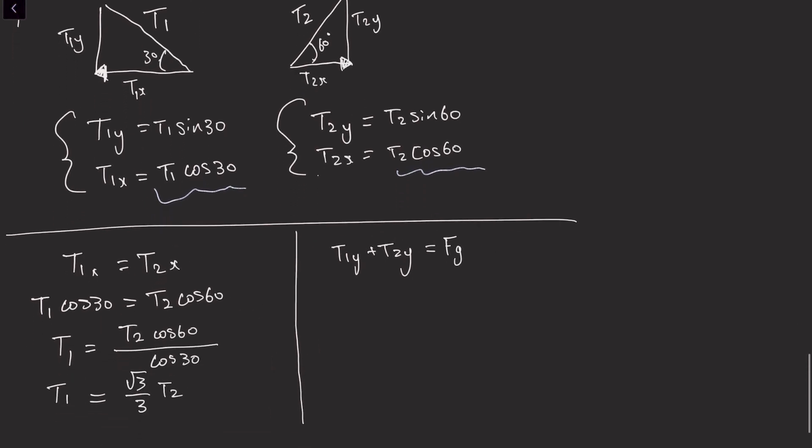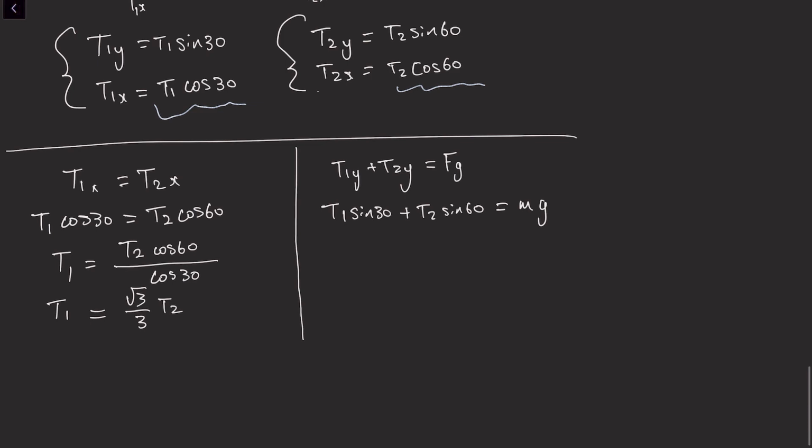Great. Let us now substitute in the rest of the equations. We know that T1y is equal to T1 sine 30. T2y is equal to T2 sine 60. And of course, the force due to gravity is simply mg. We know what mg is. This is just 5 kilograms.